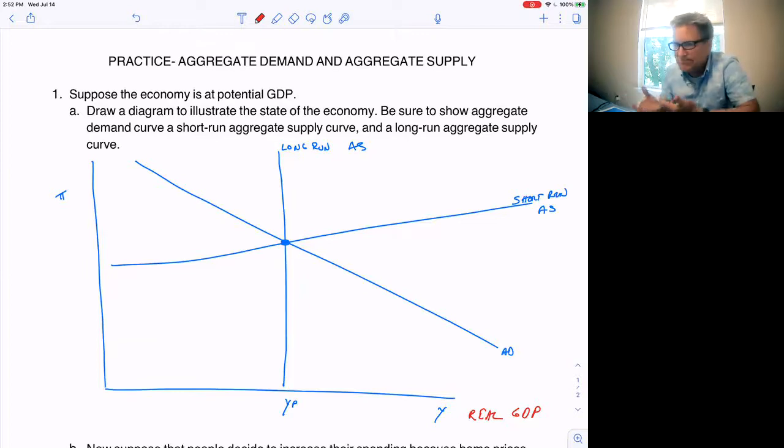It might be perfectly flat in the very, very short run, or it might be upward sloping. It's hard to say. We've got a downward sloping aggregate demand curve. And so in equilibrium here, the state of the economy is right there at potential output and at some level of inflation. I'll just call it inflation, superscript star.